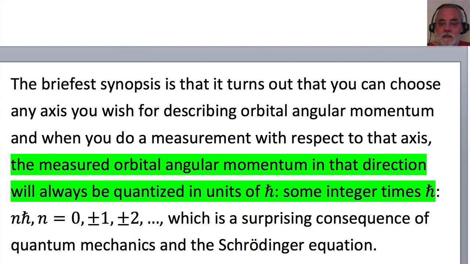This is a surprising consequence of quantum mechanics and the Schrödinger equation. Recall that earlier I said that the dimensions of h bar, or Planck's constant, energy times time, are also the units of angular momentum.